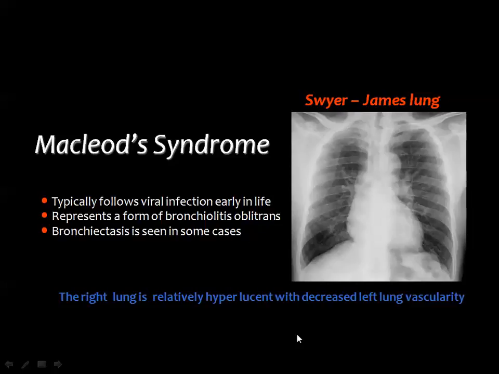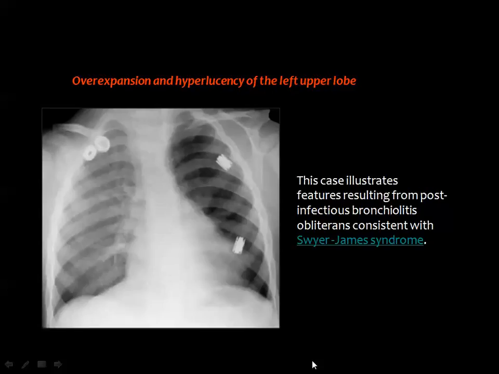The findings are one of the lungs, maybe the left or the right, is relatively hypertranslucent compared to the opposite one, with appreciable decrease of the vascular markings and also hypoplasia of the pulmonary artery of the affected lung, and you may get some bronchiectatic changes. And here you see that this lung is relatively hypertranslucent compared to this one, and the vascular markings on the left side are scanty.